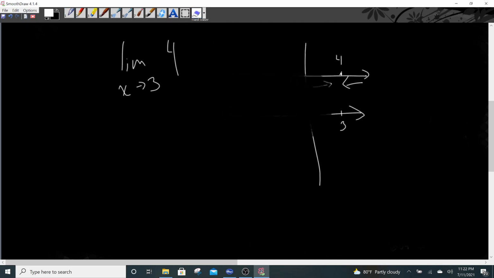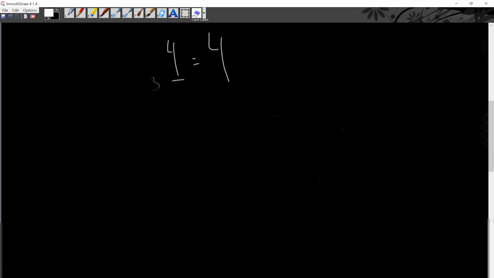So if the input does not affect the function f of x, then it's just going to be 4, or just the constant itself. But yeah, that's not really a proof. That's just kind of using common sense.